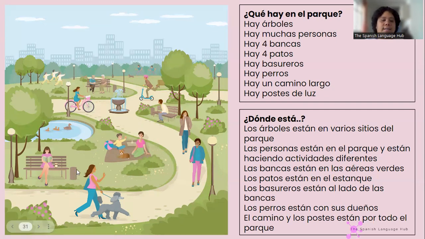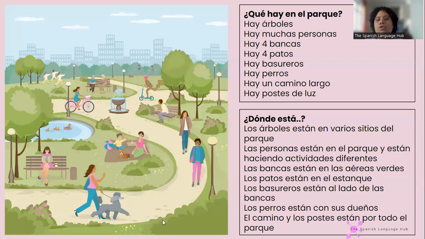Las bancas están en las áreas verdes. The benches are in the green areas. Los patos están en el estanque. The ducks are in the pond. Los basureros están al lado de las bancas. So the trash cans are next to the benches. Los perros están con sus dueños. The dogs are with their owners.